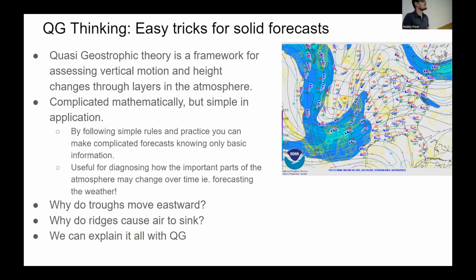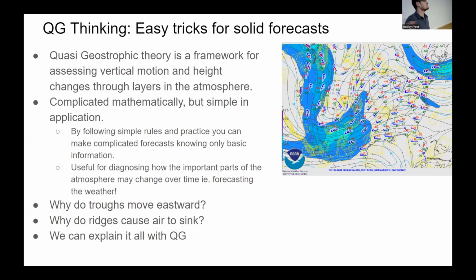But QG is, in reality, just a simple framework. Well, I say simple, the math behind it is not simple, but we will not be doing any of that today, so you're all welcome. But it's really just a simple framework for understanding changes in vertical motion and pressure or height tendency in the atmosphere. And we'll go over why some of that's really important and what information you can actually glean from it.